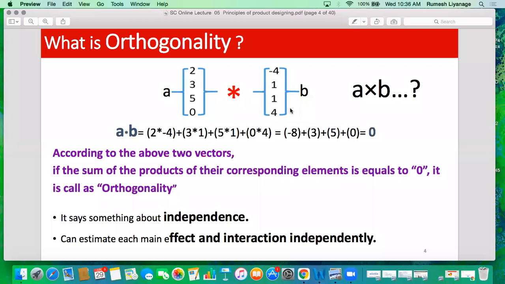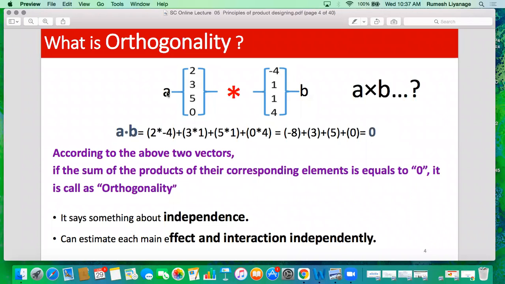If there are 2 vectors, we can multiply the corresponding elements together and get the sum of these elements. Finally, it should be 0.